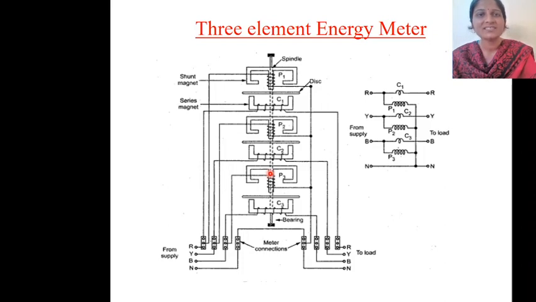That means it is equal to K into N, where N is the number of revolutions. Likewise in the single phase energy meter, you can solve this also for the three element energy meter. Here also the total revolutions made will be proportional to the energy consumed by the load. So this is about the working principle of the three element energy meter.